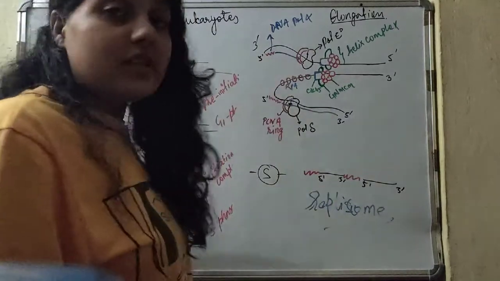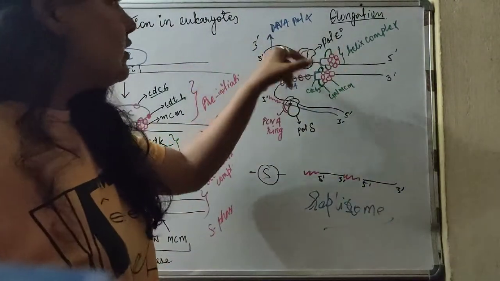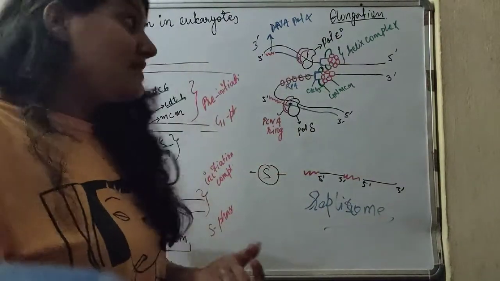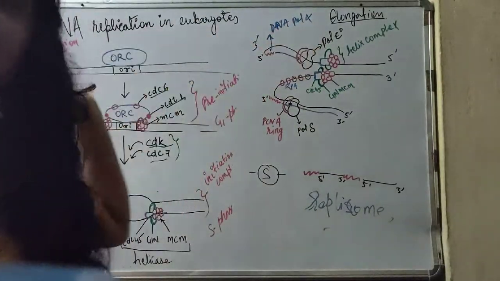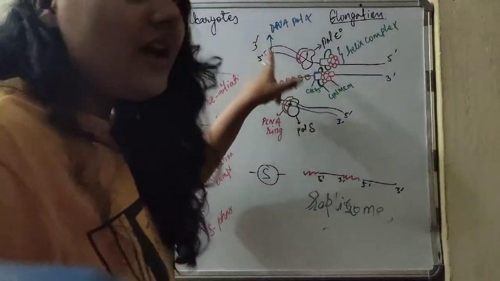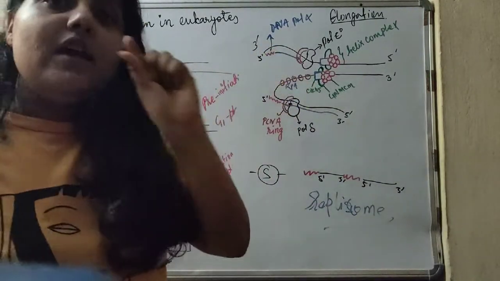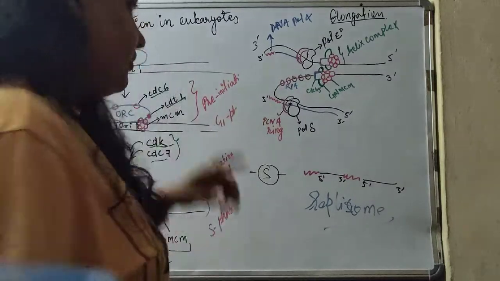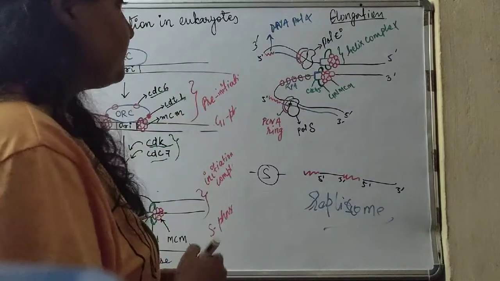And another difference between prokaryotic and eukaryotic elongation is this: the primase enzyme in eukaryotes is DNA polymerase alpha. DNA polymerase alpha acts as a primase enzyme which anneals a short strand of 10 to 20 nucleotides of primer.